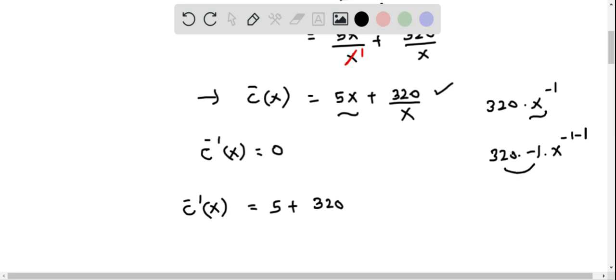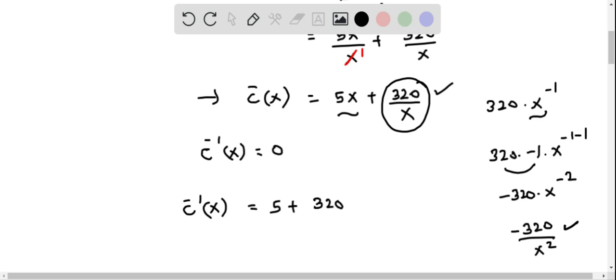And so this equals 320 times negative 1 is negative 320 times x raised to the power of minus 2, or negative 320 over x squared. So therefore the derivative of 320 over x is basically negative 320 over x squared, which I replace here. So it becomes 5 minus 320 over x squared.